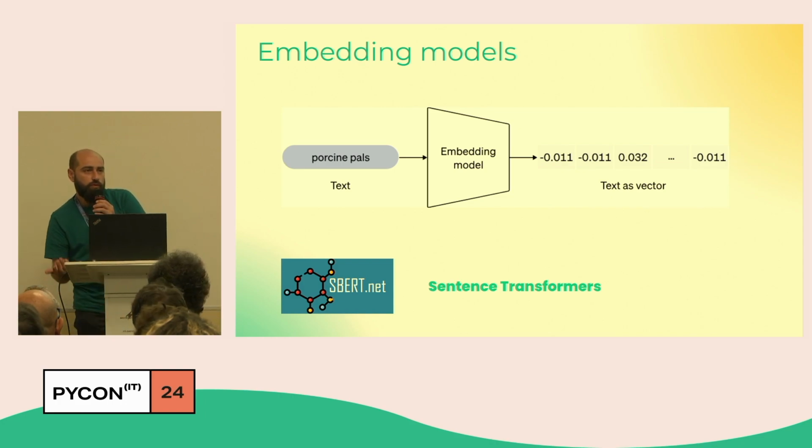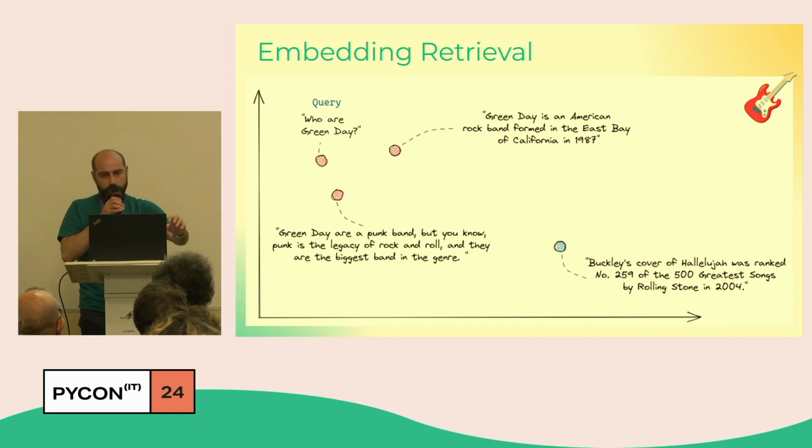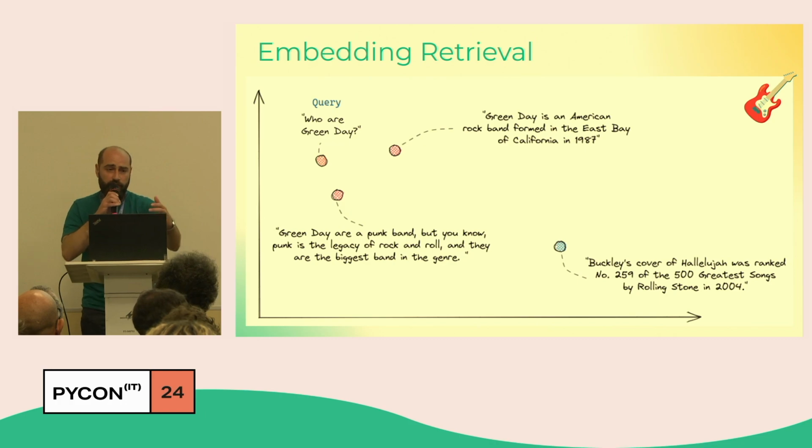But what happens when I try to do embedding or vector retrieval? In this slide, yeah, it is about music. We have 3 documents. 2 are about Green Day and 1 is about Jeff Buckley. And then we have our query, who are Green Day, which is projected in the same vector space.